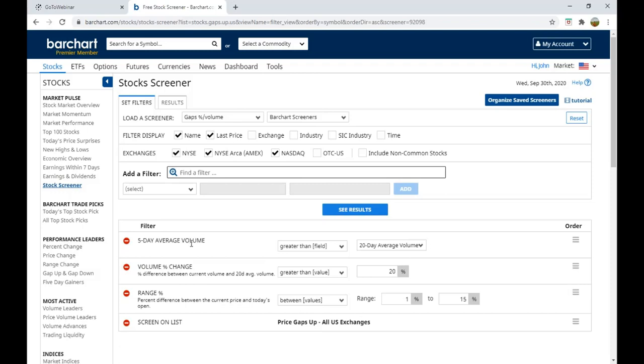And so what I do is I look at the 5-day volume average as it relates to the 20-day moving average, and I want to see that increase. The other thing that we can look at is a larger volume change, a big volume change, and usually this happens on the day of some of these greater gaps. And I look for greater than 20% of our 20-day moving average.